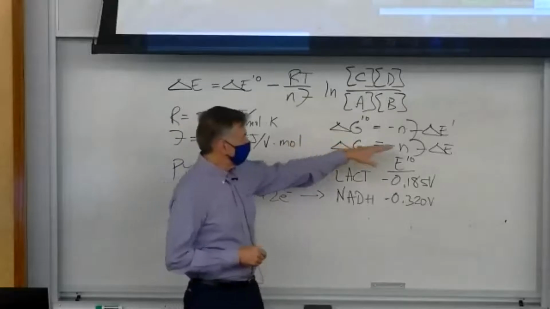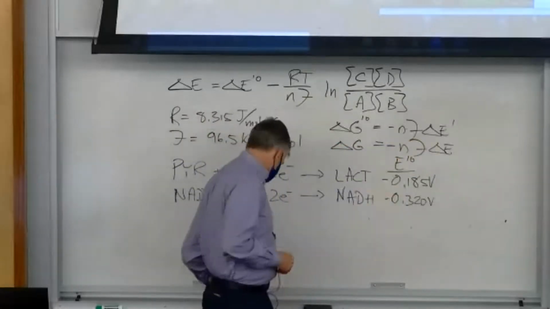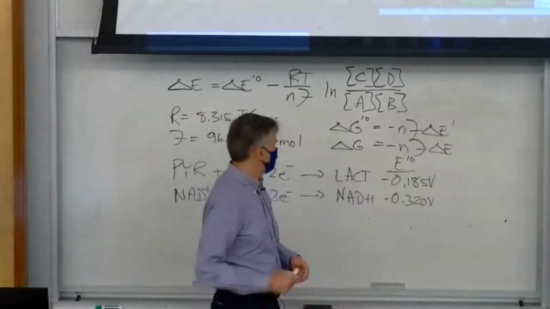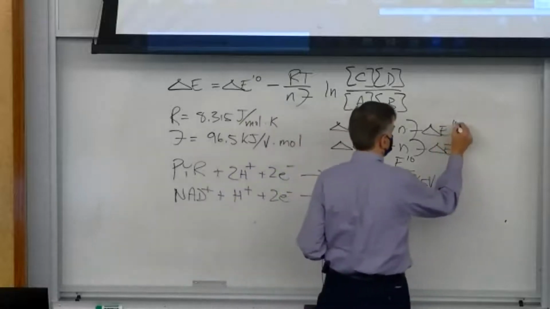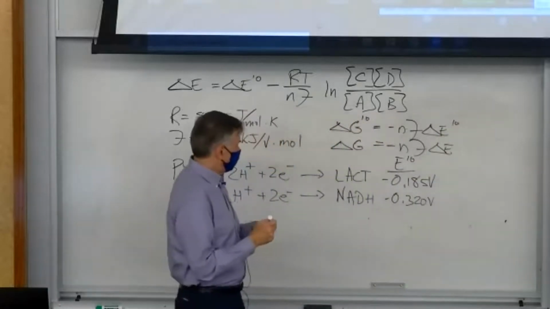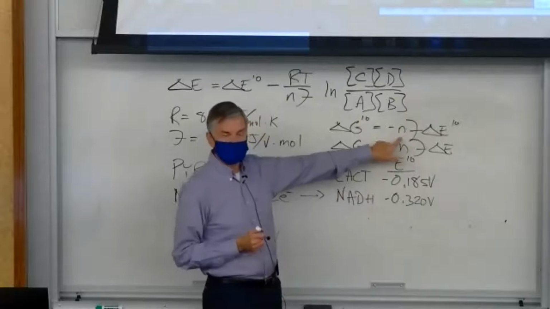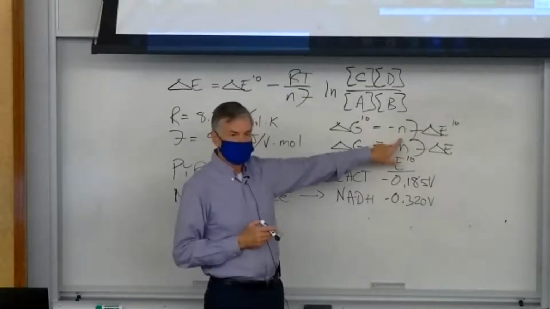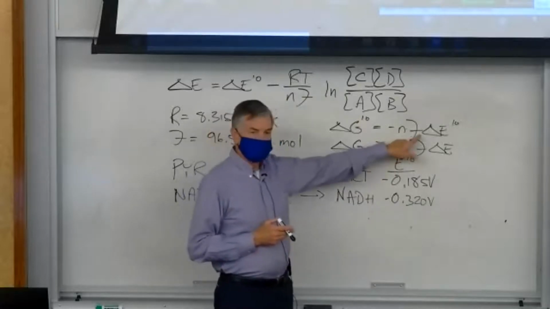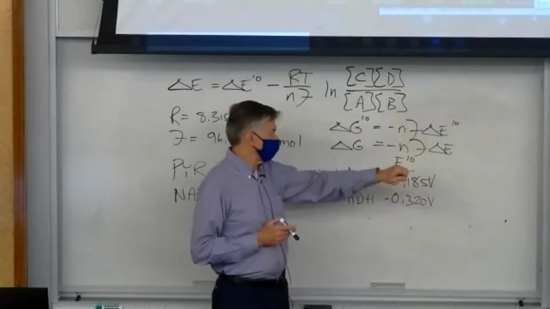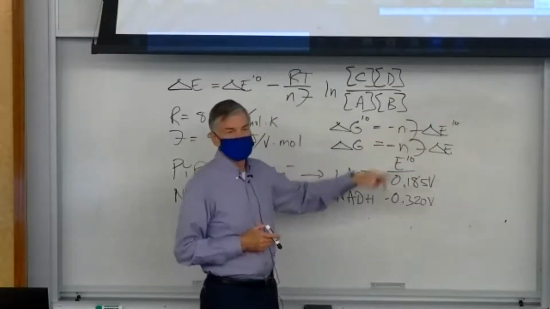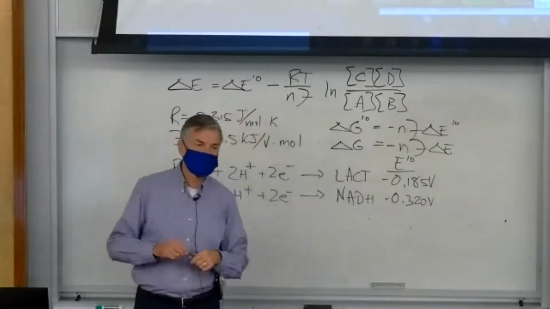So delta G prime 0 and delta E prime 0 are interrelated by the number of electrons being transferred times the Faraday constant times the delta E prime 0. But notice there is a negative sign out in front here.